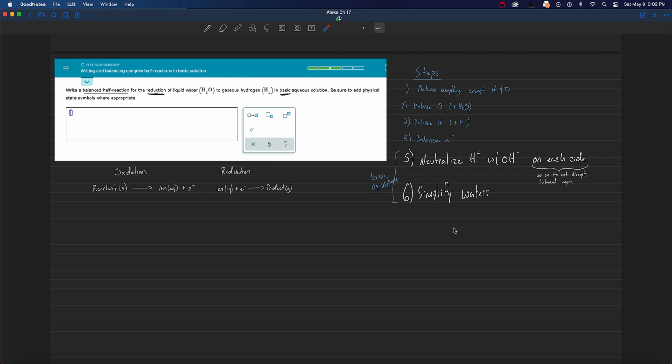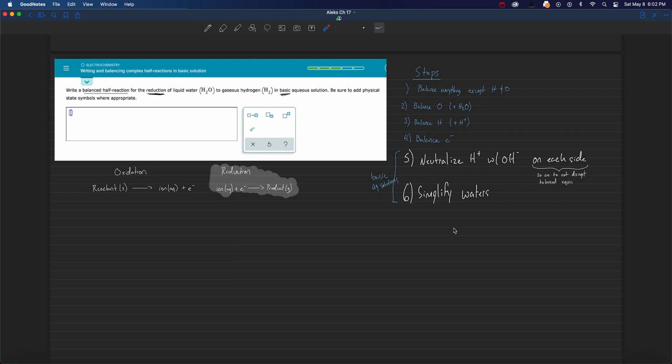Okay? Now, this is going to be real simple once you get the hang of it. What are they asking for? Reduction, so we're just going to focus on the reduction part of these notes.